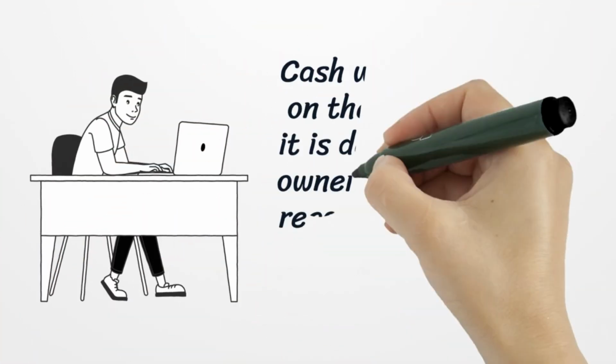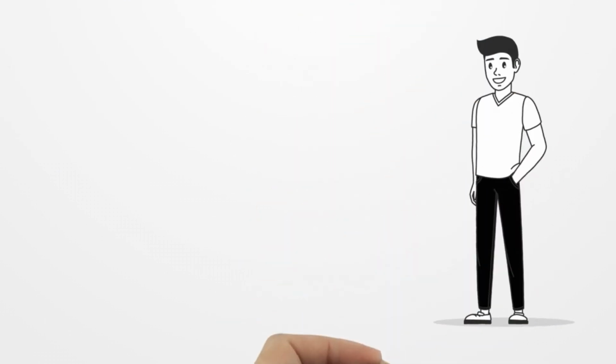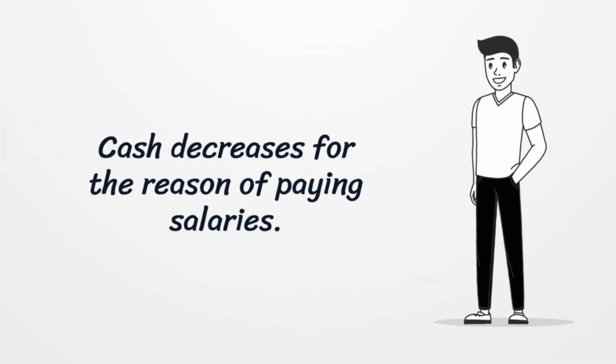Cash is an asset, and salary is an expense or owner's equity. Both cash and owner's equity decrease. As such, cash will be recorded on the credit side as it is decreasing, while owner's equity will be recorded on the debit side as it is also decreasing. Overall, the cash decreases for the reason of paying salaries.